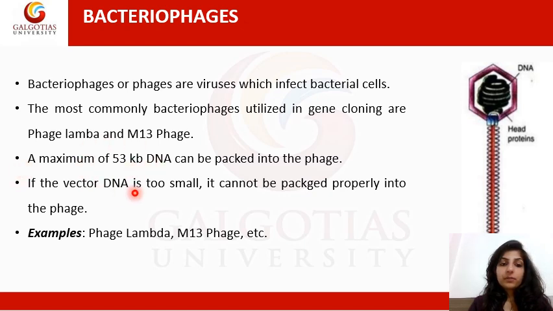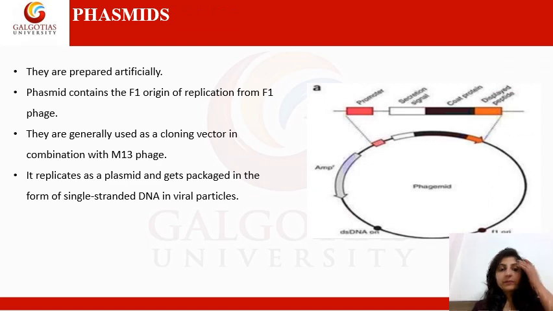A maximum of 53 kb DNA can be packed into the phage. If the vector DNA is too small, it cannot be packaged properly into the phage. Examples of bacteriophages are phage lambda, M13 phage, etc.